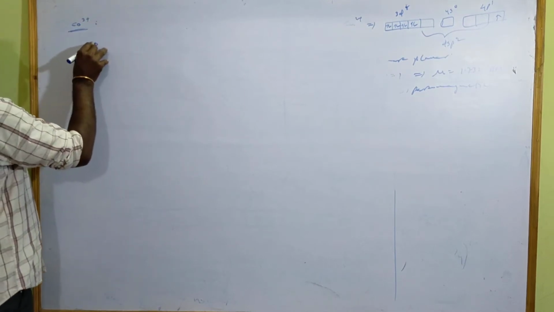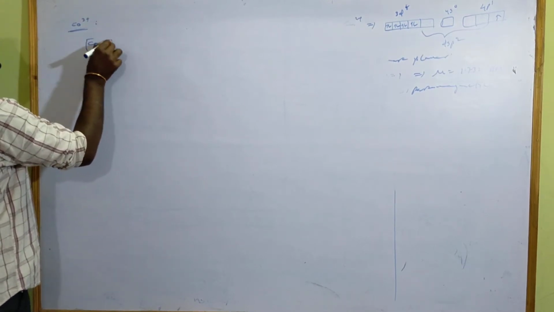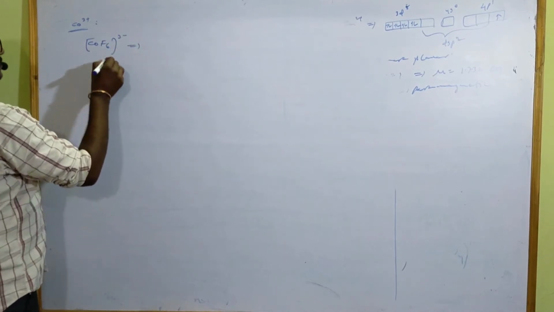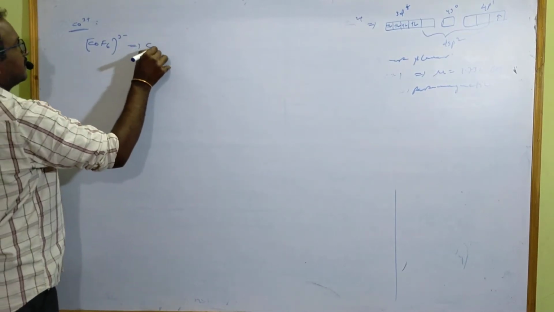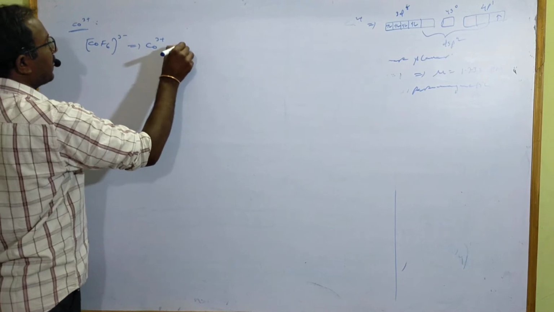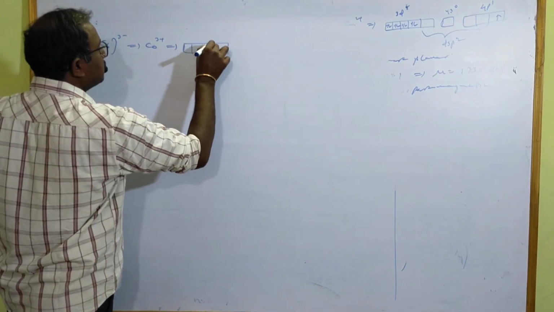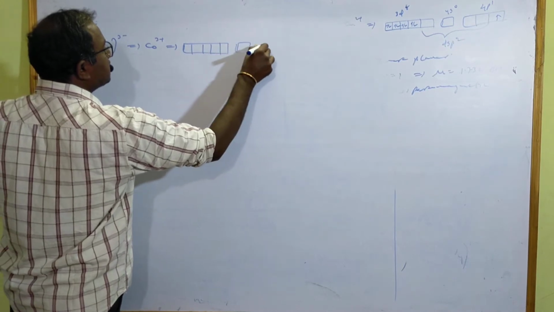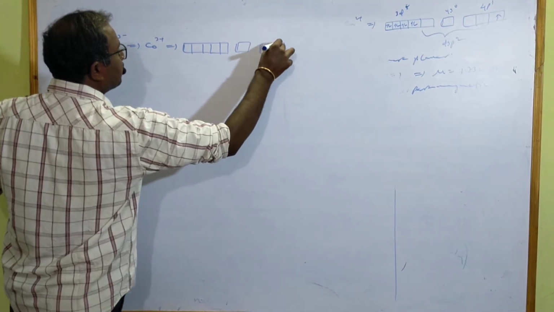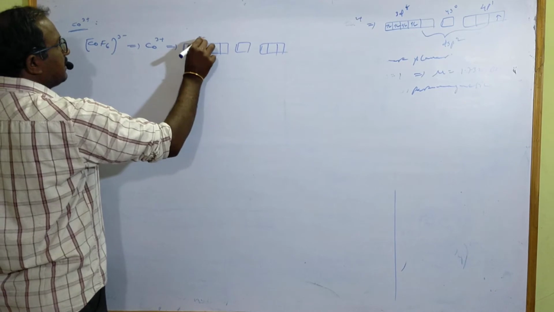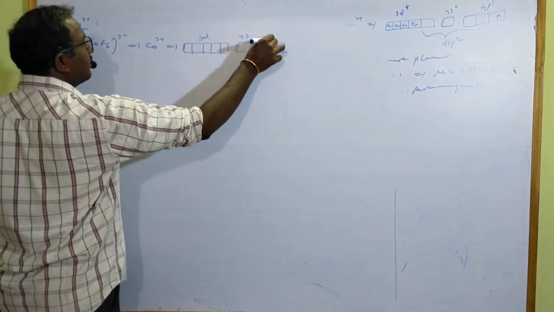There first I am taking [CoF6]3-. Here cobalt oxidation state plus 3 will be there. So Co3+ configuration will be like this: 3d, 4s and 4p.